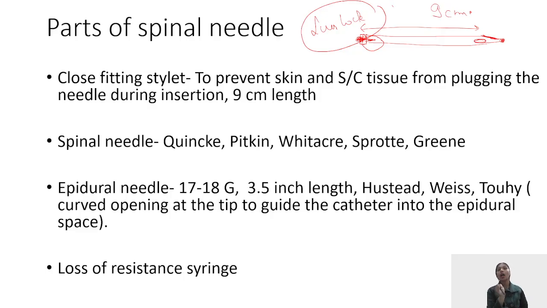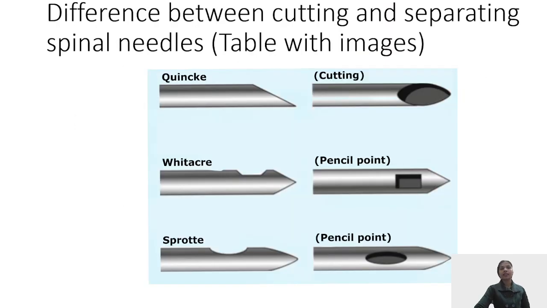When we talk about spinal needles, they are generally of two kinds. One is the dura cutting needles and one is the dura separating needles. Is that clear? Cutting needles, as the name suggests, are going to cut the dura mater, thus they are more traumatic. They are sharp in their tips, they are more traumatic, but the chances of successful spinal anesthesia are always better in cutting needles because of the feel that they give when we cross the dura mater.